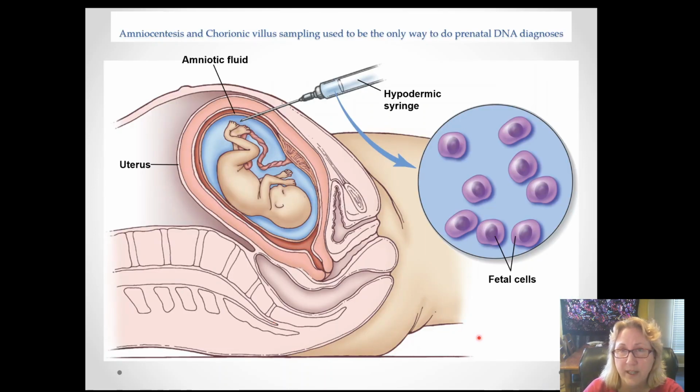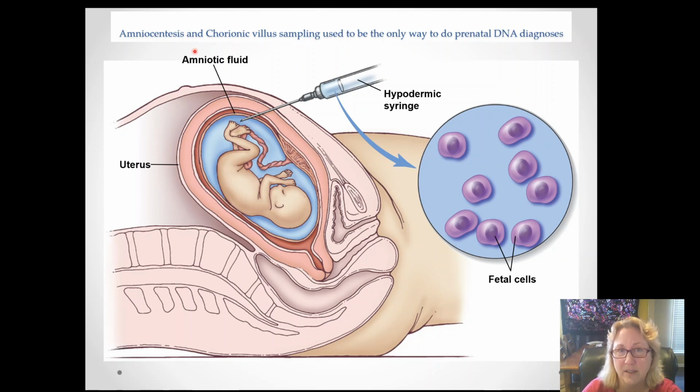So to do prenatal testing, until recently, the only way to get a hold of fetal DNA was to get some amniotic fluid or a little piece of the placenta. Amniocentesis is sampling the amniotic fluid. This can't be done until around 16 weeks of gestation, so well into the second trimester.